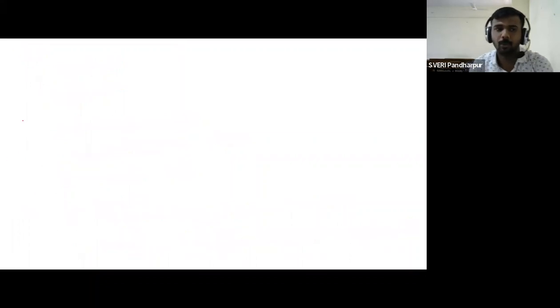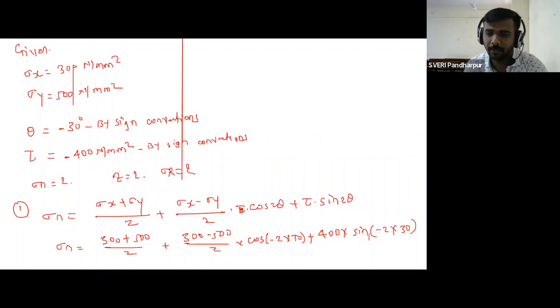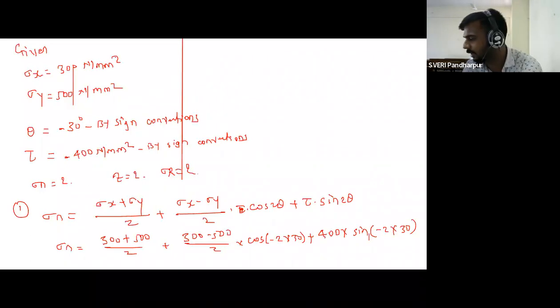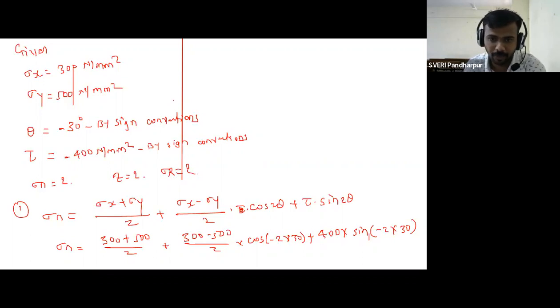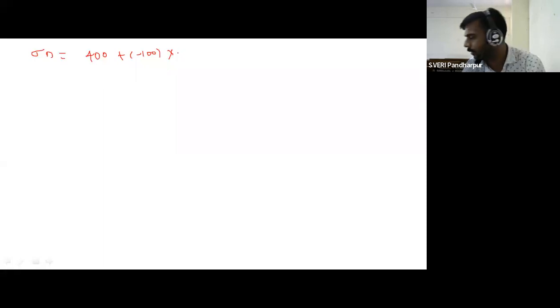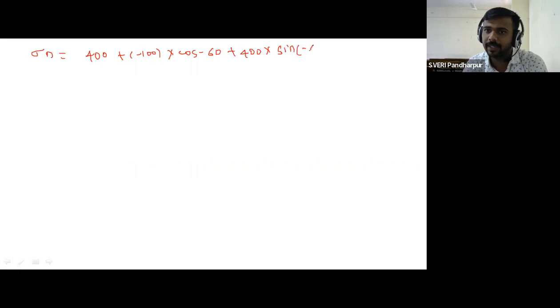Correct. So if you go for more simplification, what will be the first answer? (300 plus 500) divided by 2 is equal to 400. Plus, what will be the next answer? Here I apply 300 minus 500, which becomes minus 200 divided by 2, so in brackets I write minus 100 into cos minus 60, plus 400 into sin minus 60.